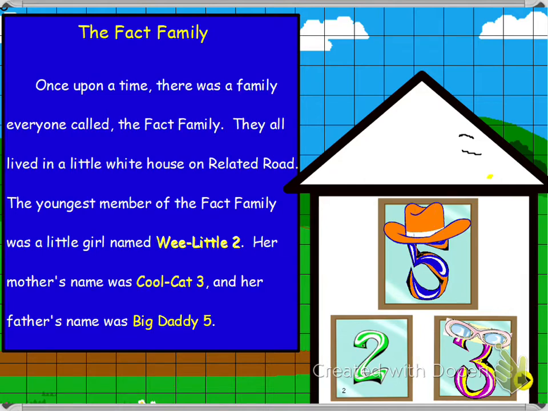Once upon a time, there was a family everyone called the Fact Family. They all lived in a little white house on Related Road. The youngest member of the Fact Family was a little girl named wee little 2. Her mother's name was Cool Cat 3, and her father's name was Big Daddy 5.